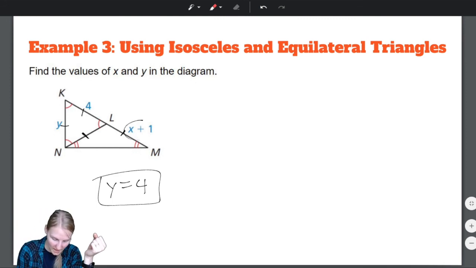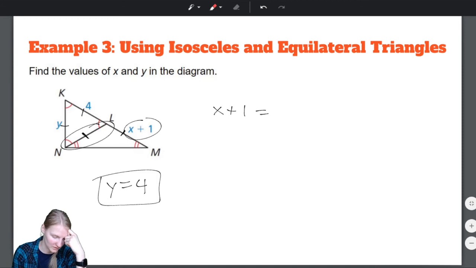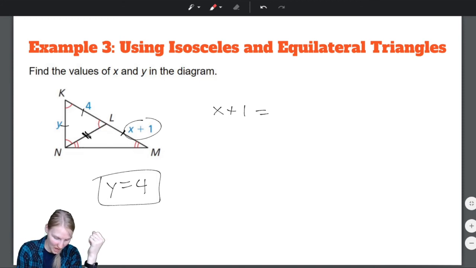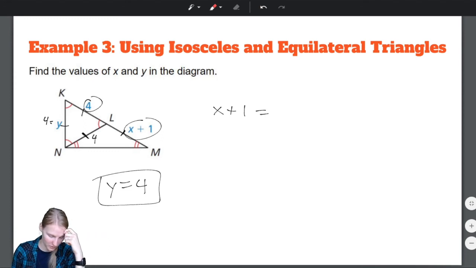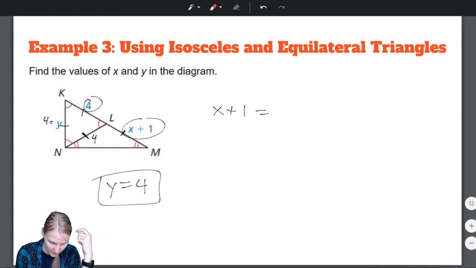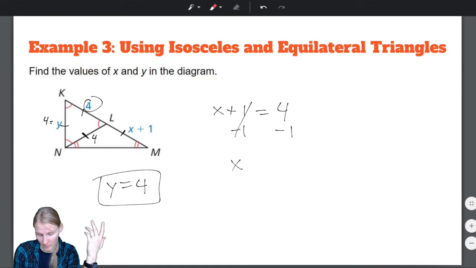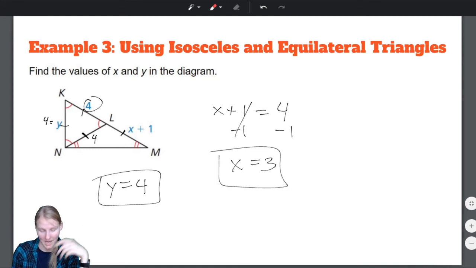So, x plus 1 is equal to whatever this side is. But this side is 4, right? All of these sides are 4. So x plus 1 has to be equal to 4. And subtract 1 from both sides. X equals 3.